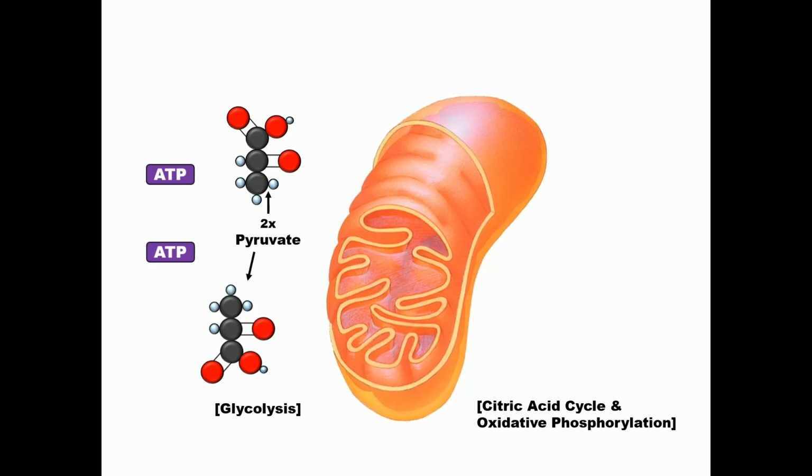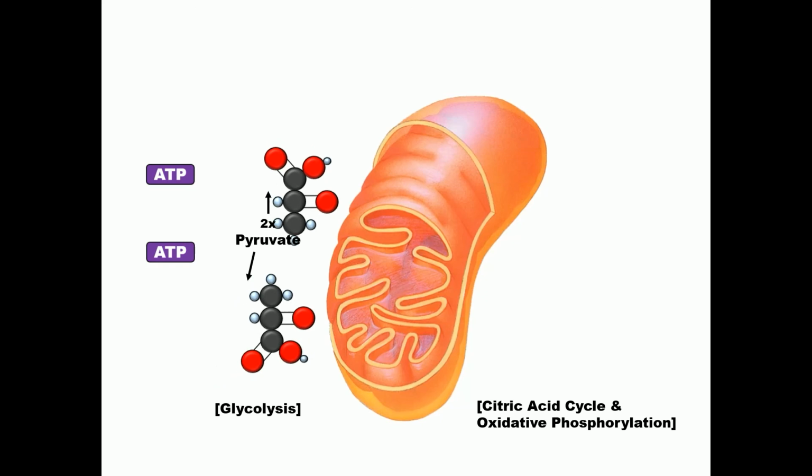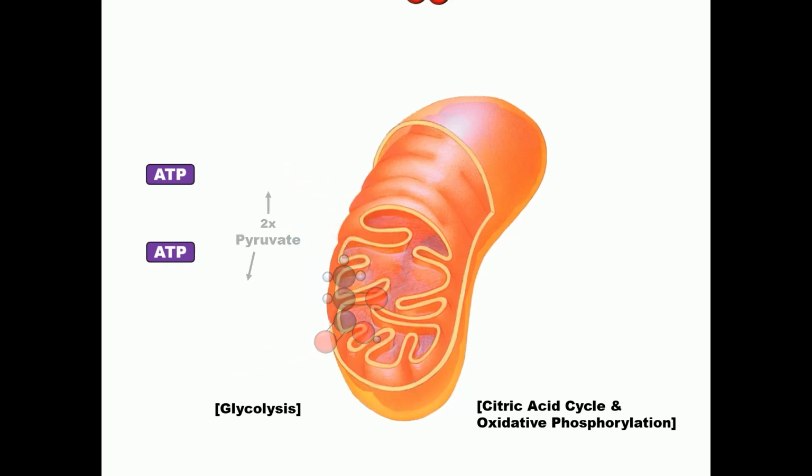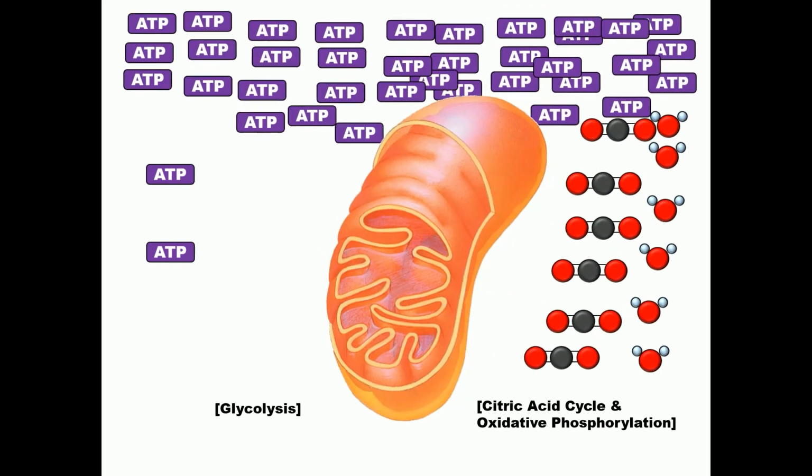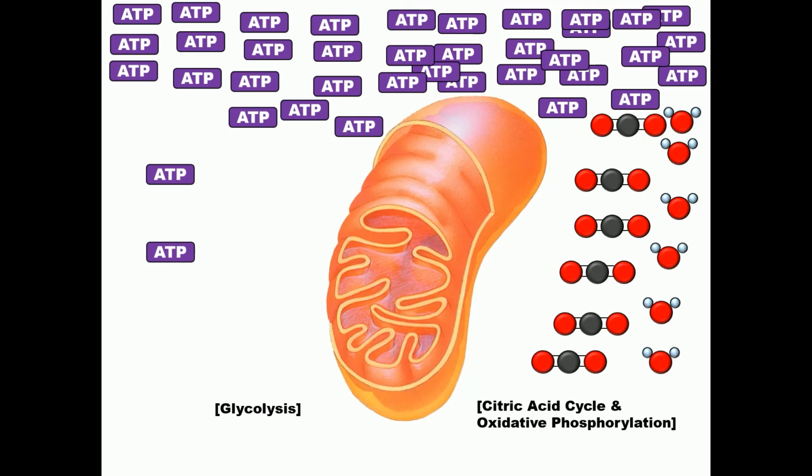These are now allowed to enter the mitochondrion along with some oxygen molecules because, of course, the mitochondrion is involved with aerobic cellular respiration. So this is where all the oxygen requiring processes happen. And that produces a whole bunch of carbon dioxide and water as a byproduct, but also a lot more ATP, 38 more ATP.